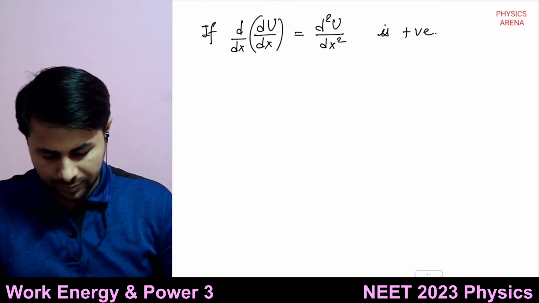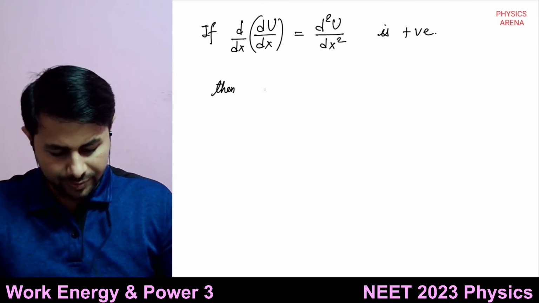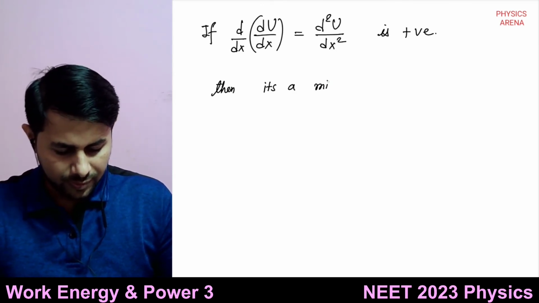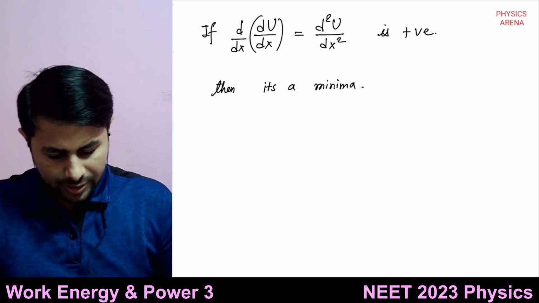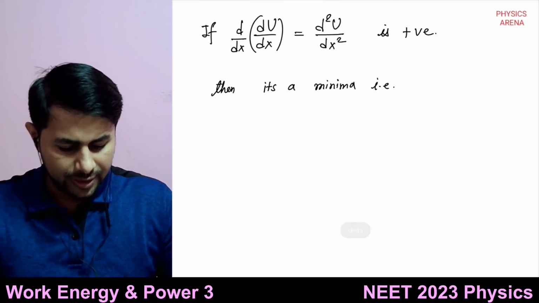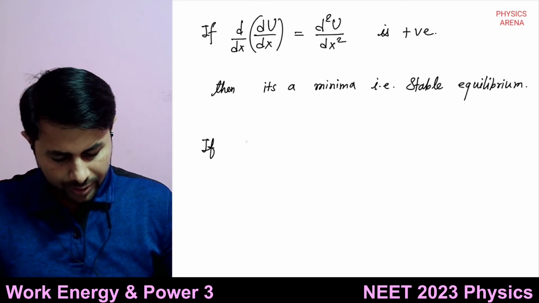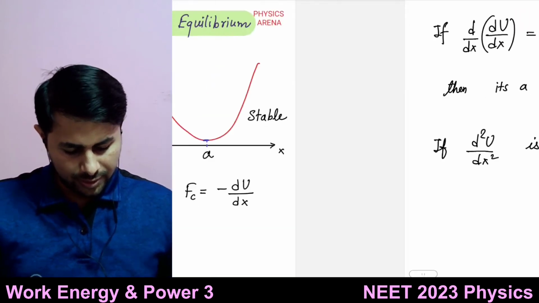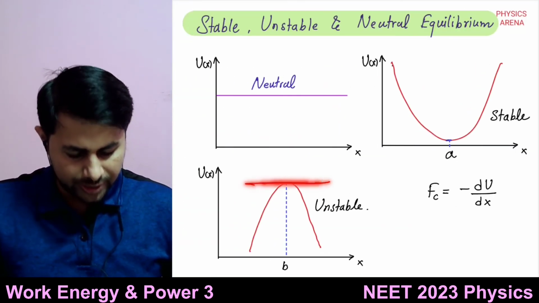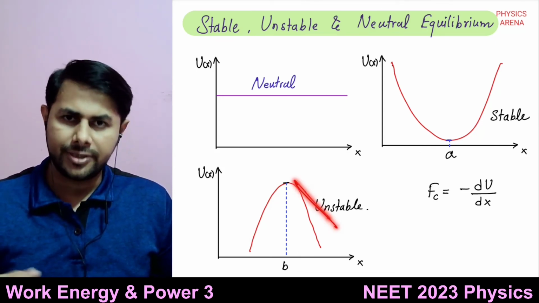So it's a minima, and that means which equilibrium? That is the stable equilibrium. And if d2u by dx square is negative, right, here the slope is 0, and after that it's slanting down. That means the slope is decreasing, it's negative.